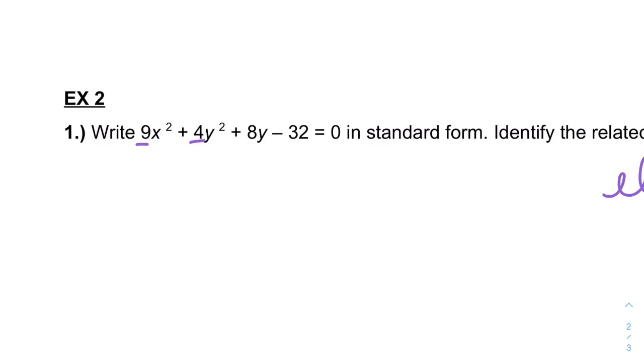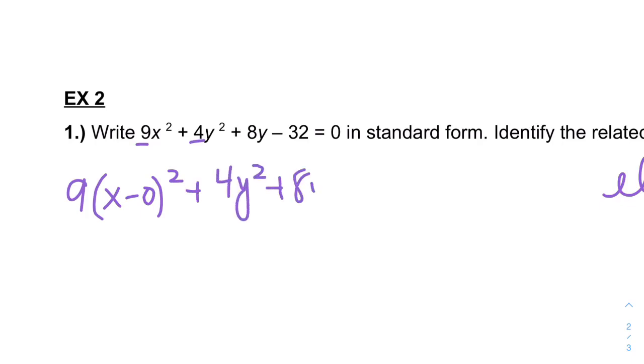I'll put all my x's together, but in this case I've only got one x right here, so I'm going to have that on its own. It's already a complete square. And then I have my y's. I'm going to leave a space for that to complete the square, and I'm going to move the 32 over to the other side.